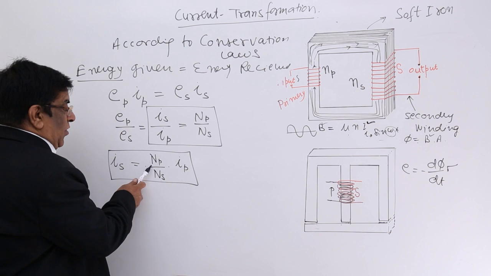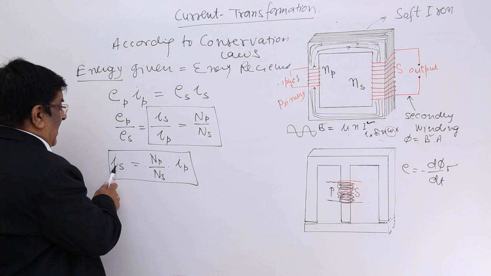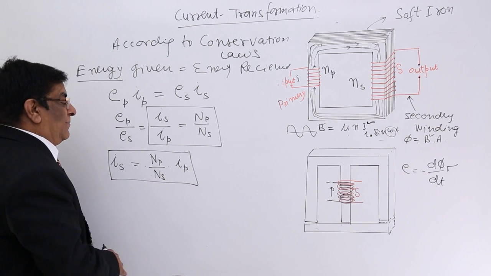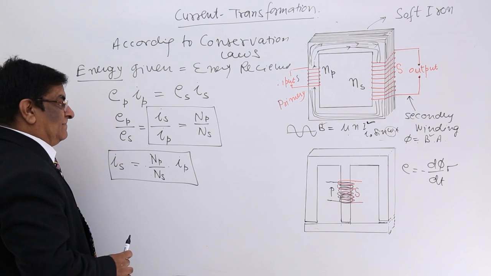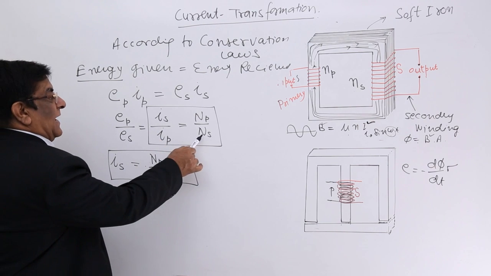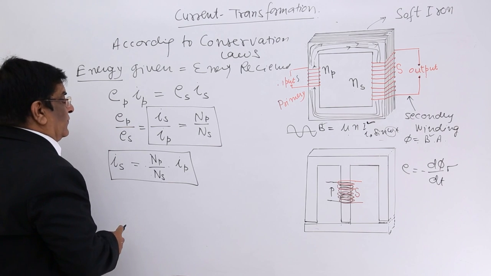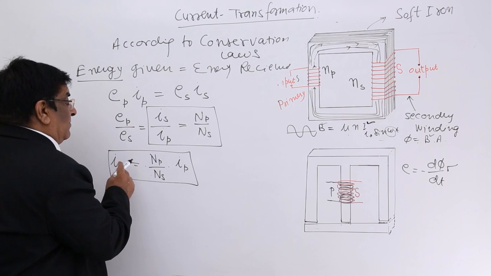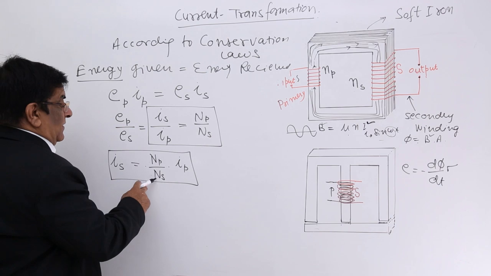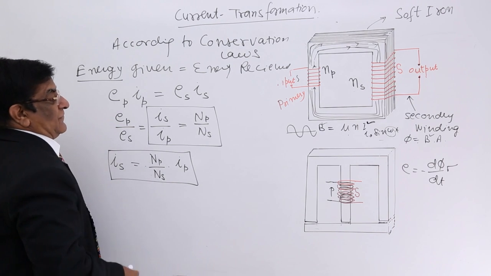Answer: if NP is small, NS is large, then IS will be smaller than IP. This is a small fraction. See here, if NS is large, the ratio becomes small. So IS will be smaller if it is a step up transformer.